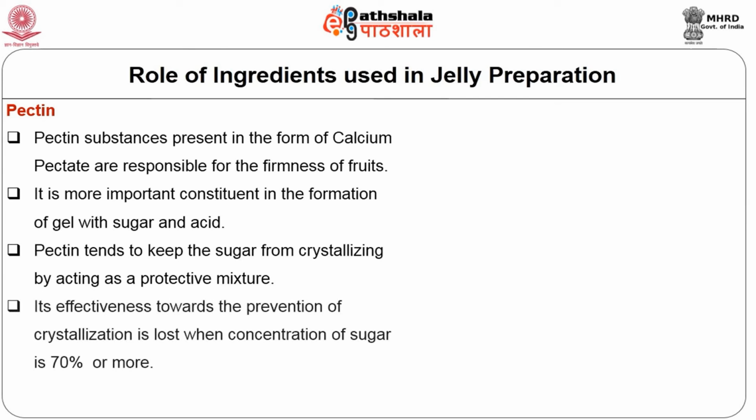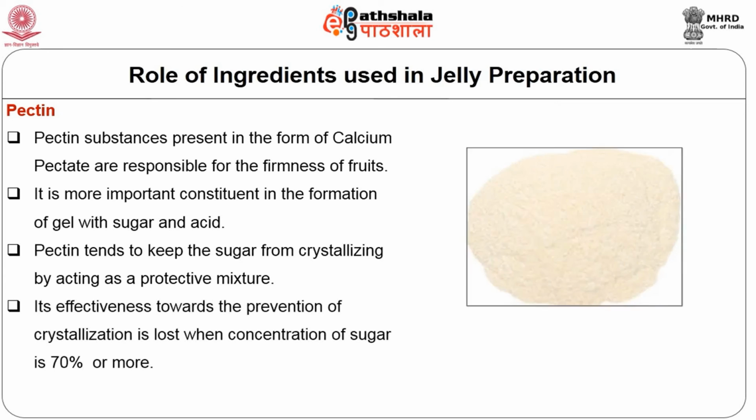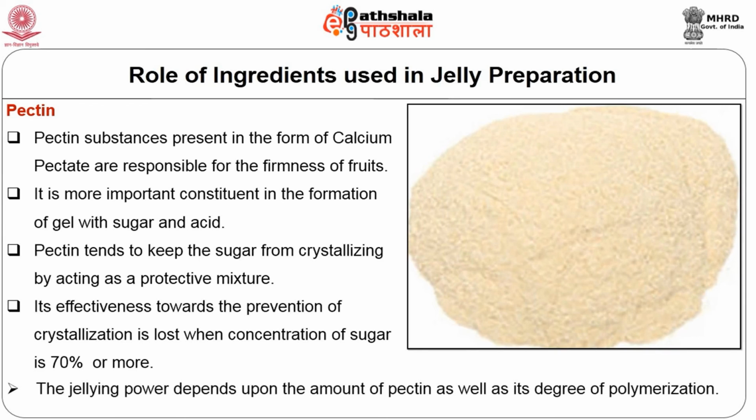But its effectiveness towards the prevention of crystallization is lost when the concentration of the sugar is 70% or more. The gelling power depends upon the amount of pectin as well as its degree of polymerization.